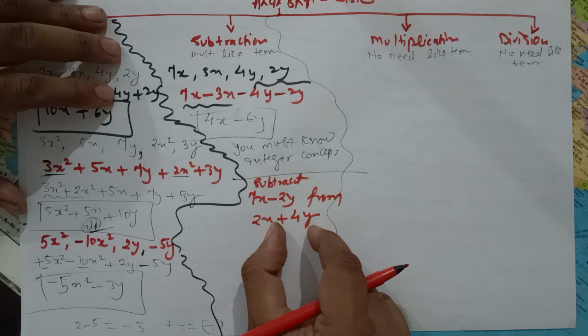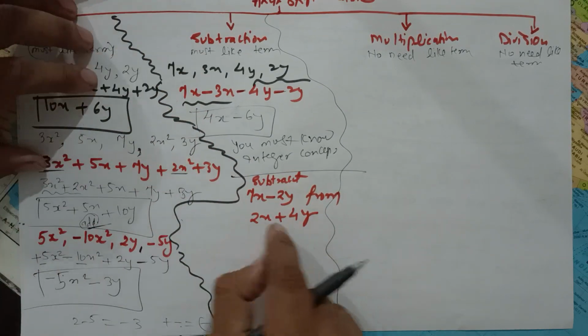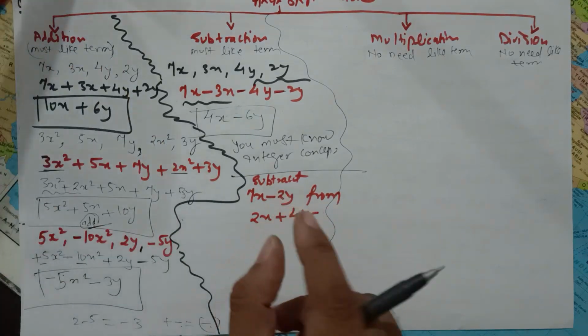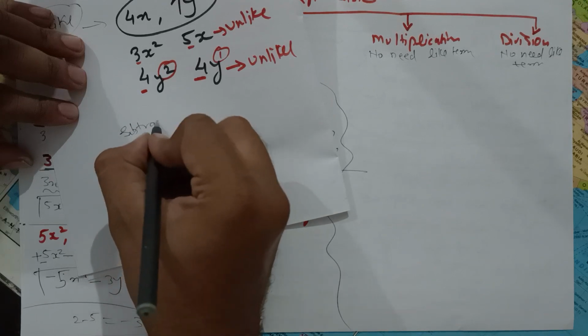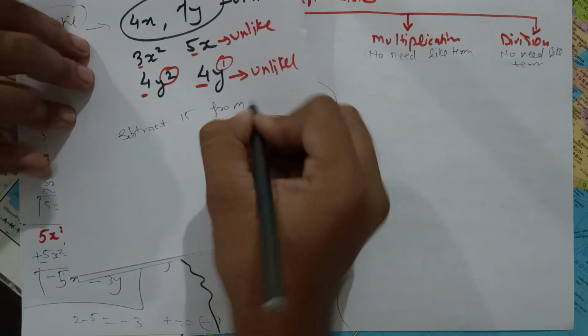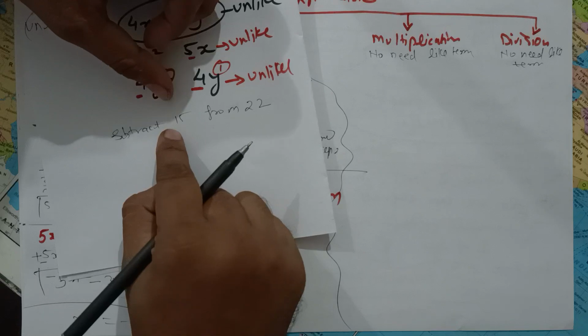What comes after 'from' will come first in the solution. For example, if it is written subtract 15 from 22, you have to subtract 15 from 22.